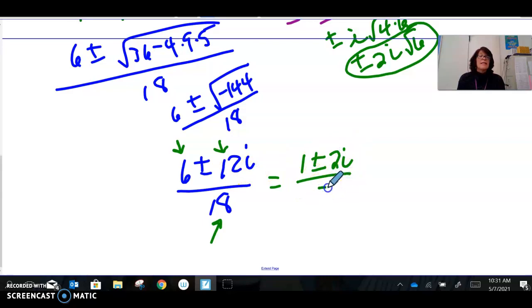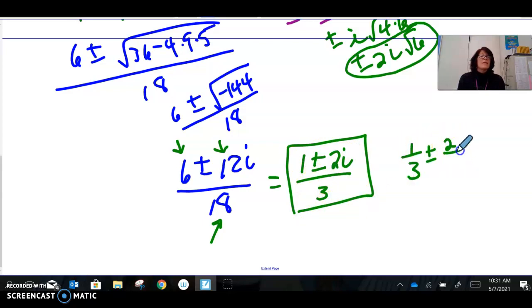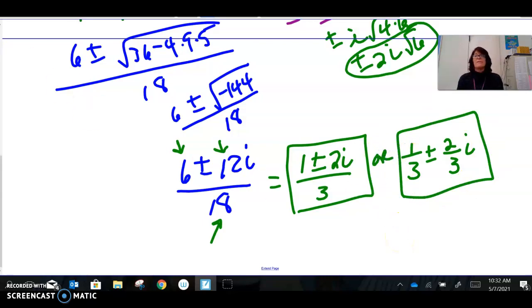I'm going to take 18 divided by 6. To write this in true complex number form, I would write 1/3 plus or minus 2/3 i, so that I would realize the real part is 1/3, the imaginary part is 2/3 i. Okay? Alrighty.